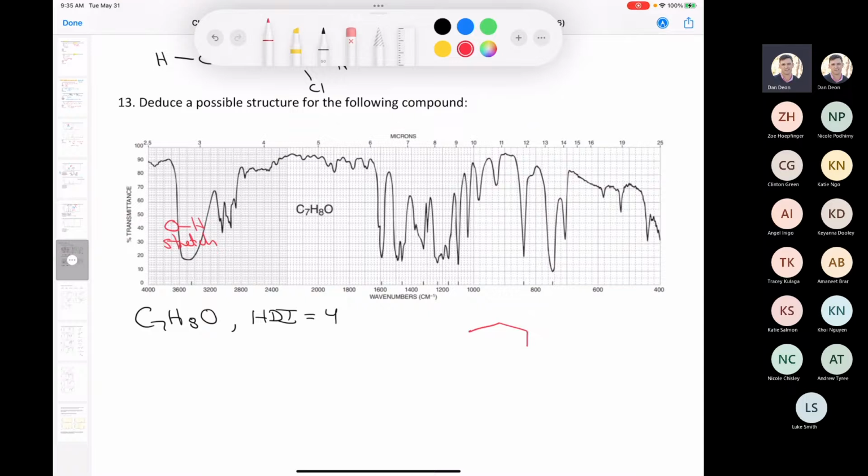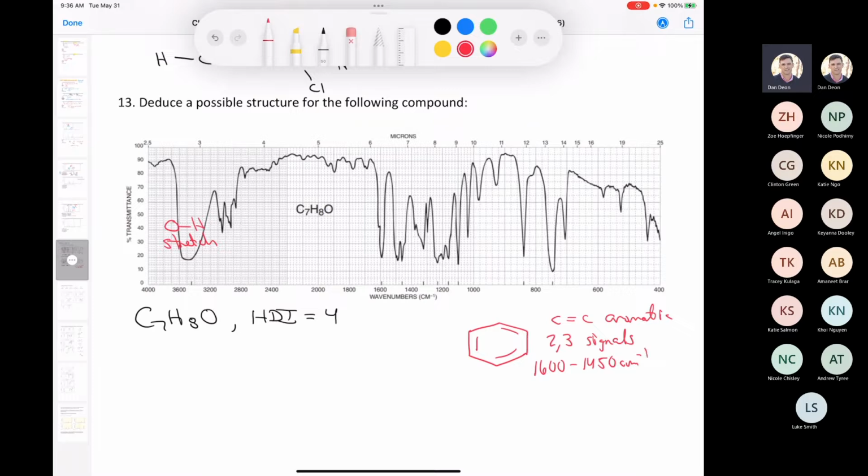If you have an aromatic ring like this, the carbon-carbon double bond stretching that's aromatic, we usually see 2 to 3 signals or 2 to 3 absorbances, anywhere from 1600 to 1450 reciprocal centimeters.